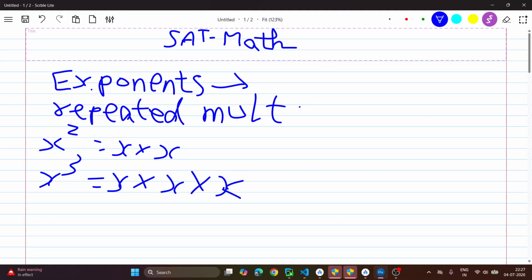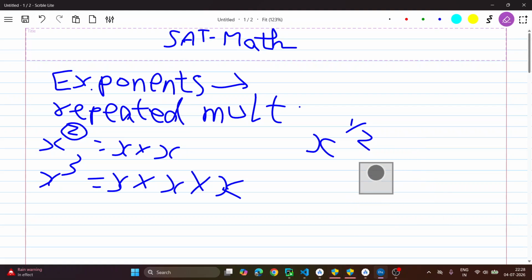This power is just the number of times you multiply x by itself. So x power 1 by 2 is equal to the square root of x. You just have to understand the concept for that.